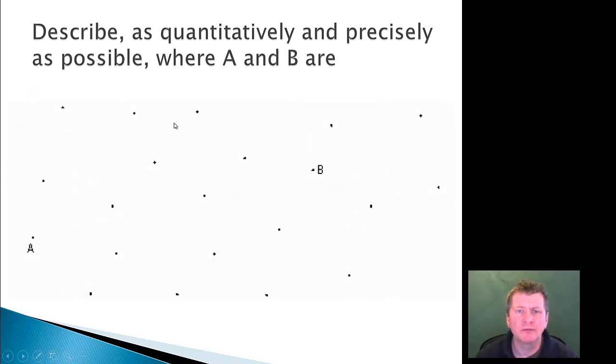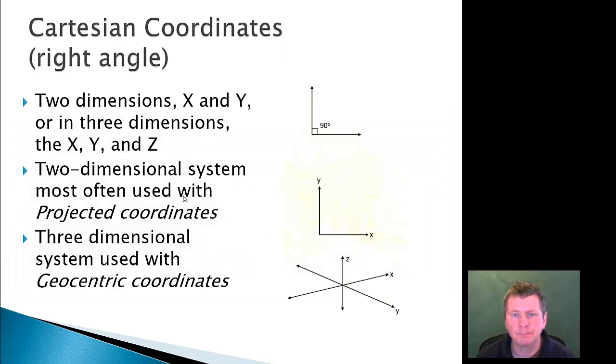So our goal is that we've got all these points and we want to be able to describe as precisely as possible where A and B are. So in Cartesian coordinates, we have a right angle in a two-dimensional system. So we've got X and Y, and these are projected coordinates.